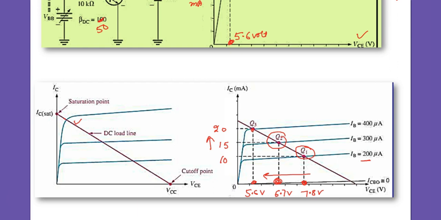We had three values: with 10 milliampere the VCE was 7.8 volt, with 15 it was 6.7 volt, and with 20 milliampere it was 5.6 volt. These three points are chosen and marked on the area between VCE and IC. Then joining the three points Q1, Q2, Q3 gives the load line.